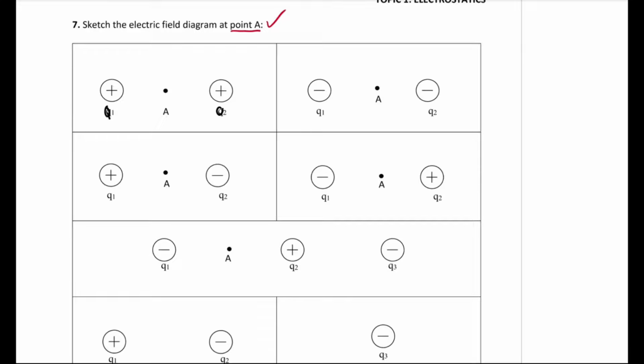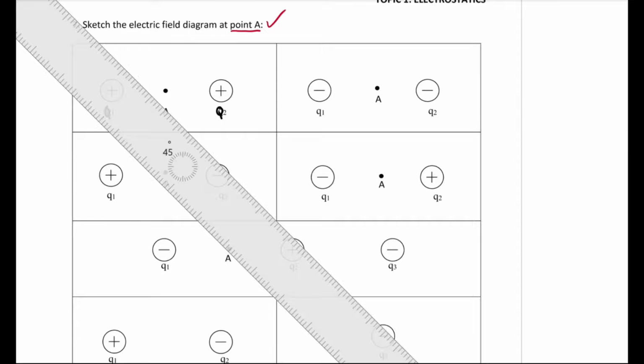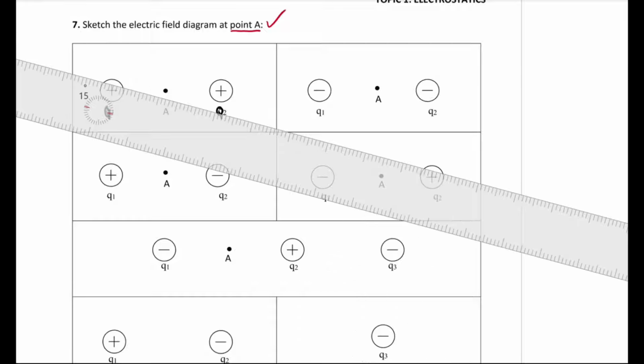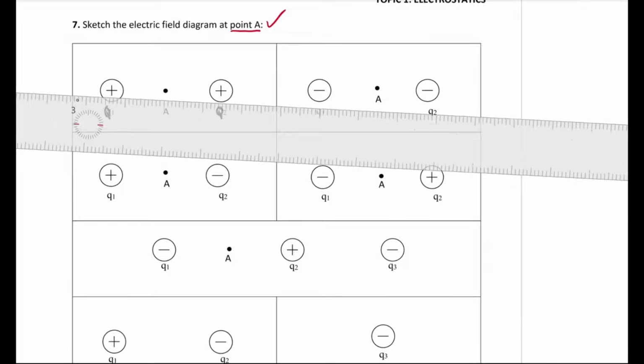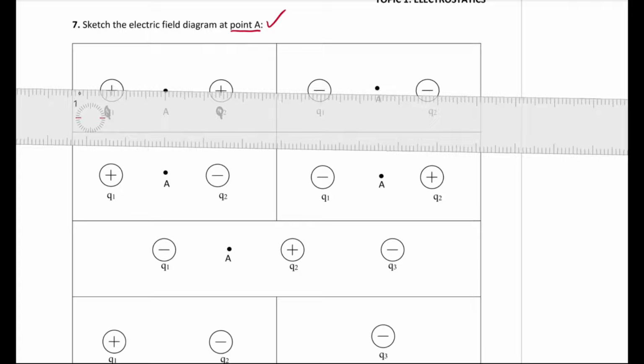Okay, so here we have 2 point charges, Q1 and Q2, and both are positive charges. So remember, let's say here we have positive. Okay, positive. So ini Q1. Okay, Q1 dia ke mana?